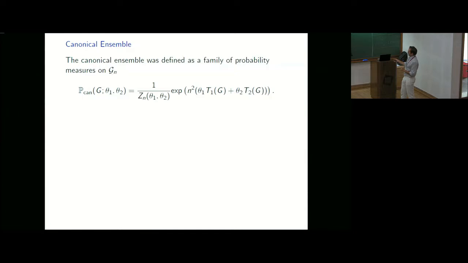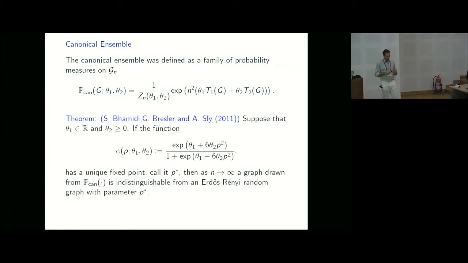We'll consider now this form as the canonical ensemble, and one of the first papers, by Bhamidi, Bresler, and Sly, looked at mixing times of exponential random graphs of this model, and they found that essentially in the limit, there is a region of values where you have Erdős-Rényi type behavior.